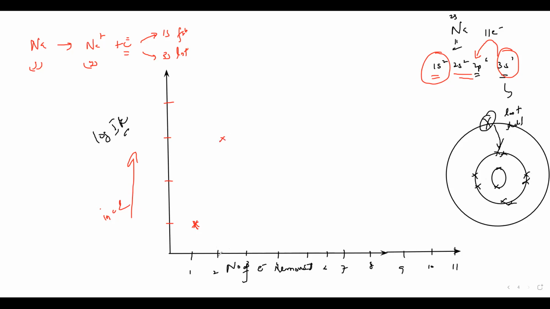So the second electron, third electron, fourth electron, fifth electron, sixth electron, and 7, because one is already removed. From which shell are all these electrons removed? They are removed from 2p. The first was removed from 3s.